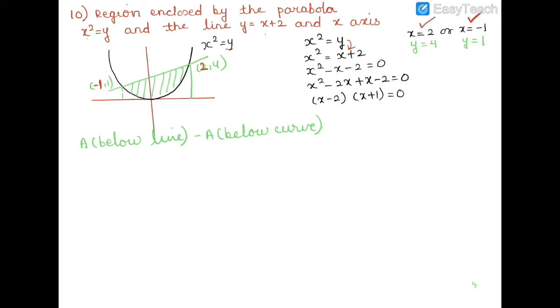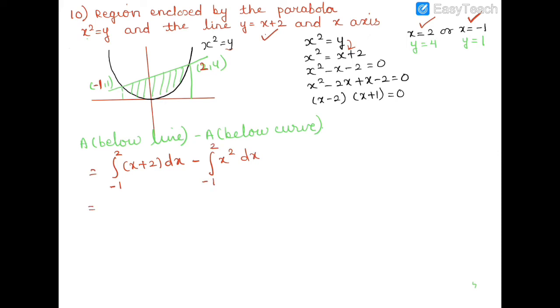Now the line equation is this. So I get the integral of x plus 2 dx, limit is minus 1 to 2, that's for the line, minus the curve y equals x square dx, limit is minus 1 to 2.